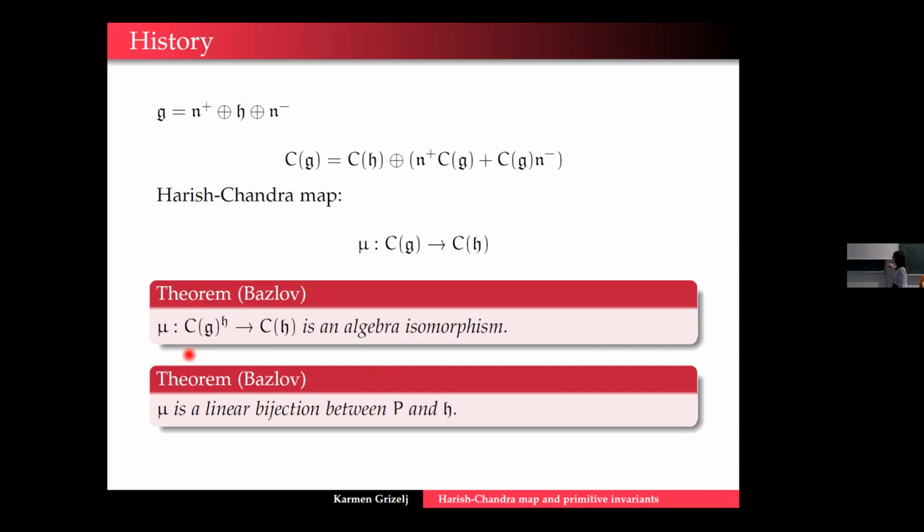And if we look at what happens to the primitive invariants when mu is applied, it actually has to end up in the first degree of the Clifford algebra. Well, by first degree, I mean filtration degree. As I said, it's not graded, so we can only talk about filtration degree. So that's another result from Baslov, that we actually get a vector space isomorphism between P and h using the Harish-Chandra map.